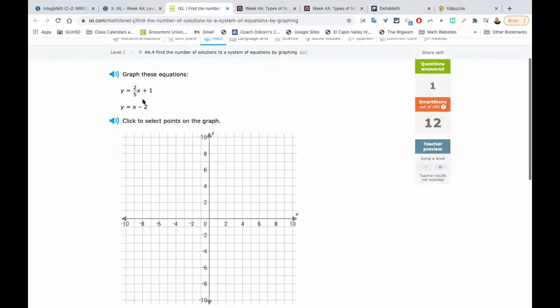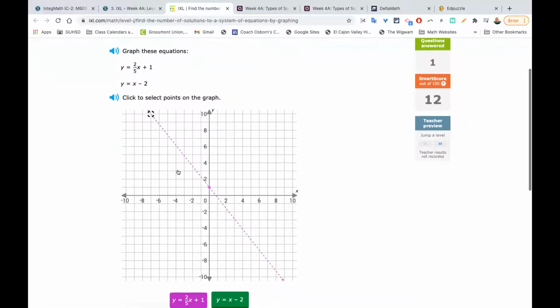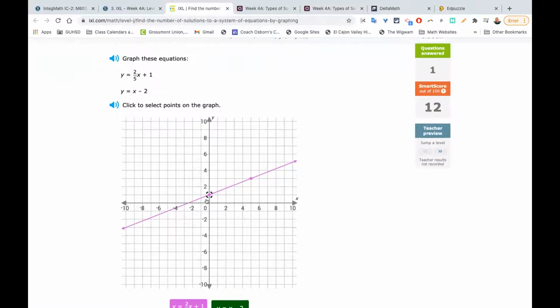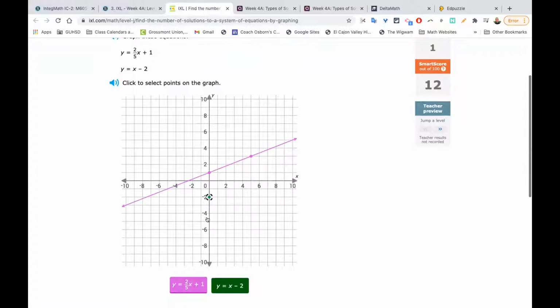Okay, so here, again, I start at 1 for the first equation, and then I go up 2 over 5. Then I'll click on the second one down here and start the second equation. Start at -2, and the slope is 1, so I go up 1 over 1, and then there's my solution where it crosses.